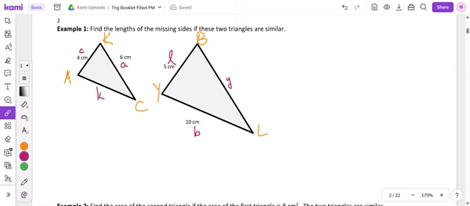Just for practice, let's mark down which angles are the same. Right, so we're doing the arcs, okay? Angle K and B are the same, so I'm doing one arc and one arc. Those are the same.